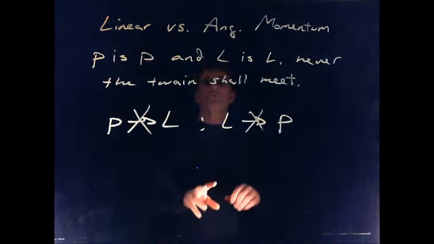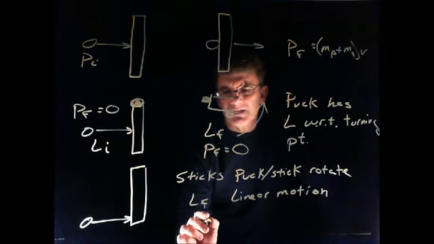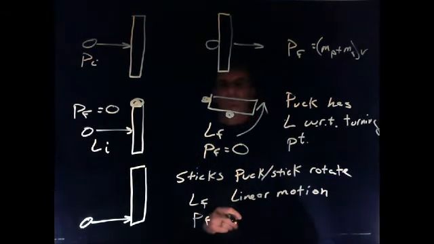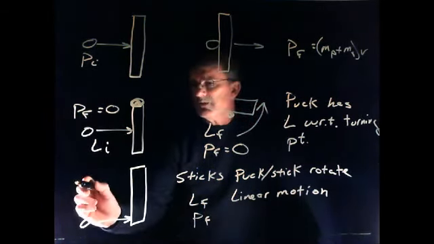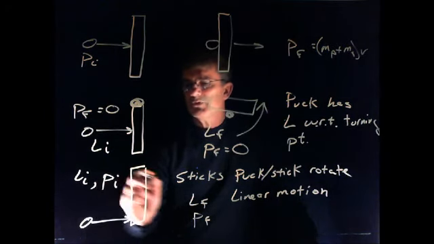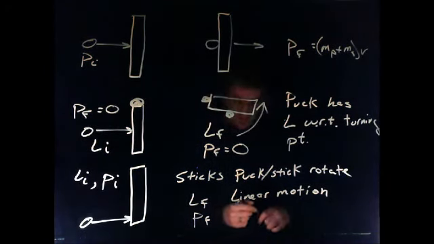We're also going to have some linear motion. So here's a case where, if we are rotating, we clearly end with angular momentum. If we have linear motion, we clearly have linear momentum, which means we have to begin with some angular momentum and we have to begin with some linear momentum.